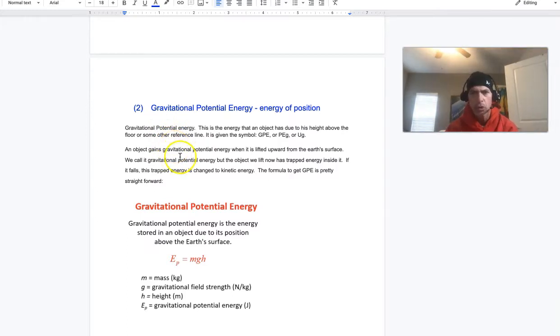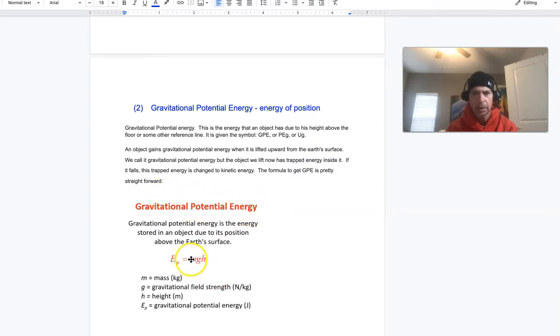We typically use the floor or the ground as our height equals 0, our reference line.